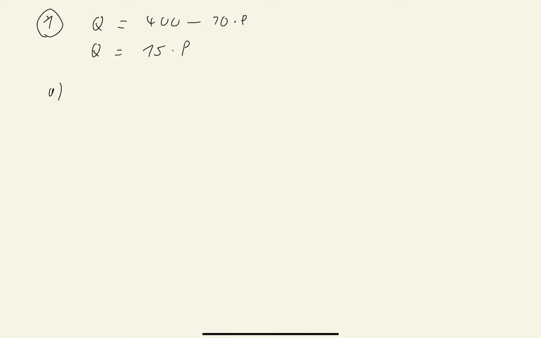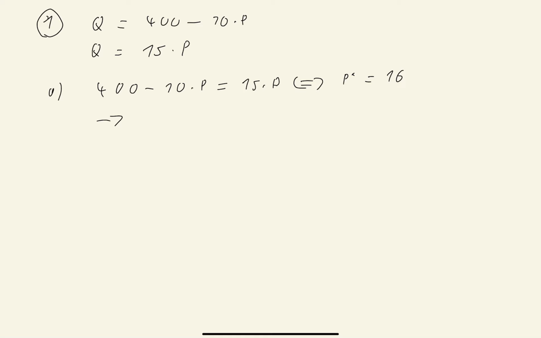So let us start with sub-exercise A. In order to find out the equilibrium price, we set equal the demand function and the supply function. If you solve this equality for p, you end up with an equilibrium price being equal to 16.